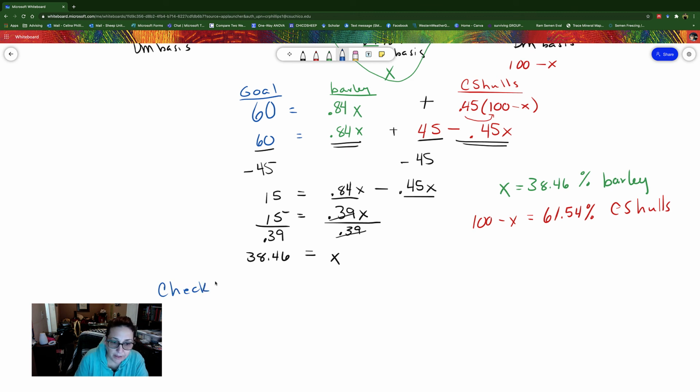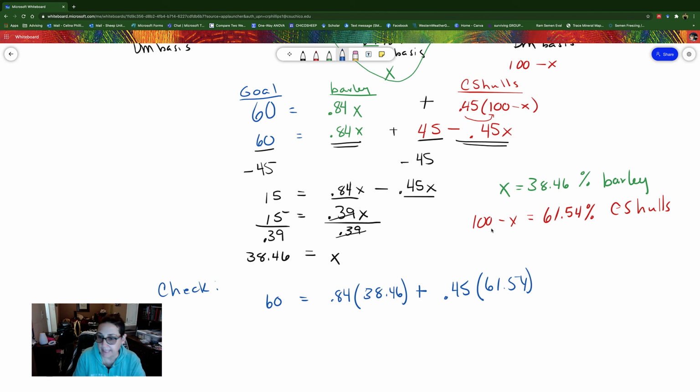Now what we want to do is just plug it in. So we know 60 should equal 0.84 times x, so we're going to pull in the 38.46 plus 0.45 times 61.54, because that's representing 100 minus x.